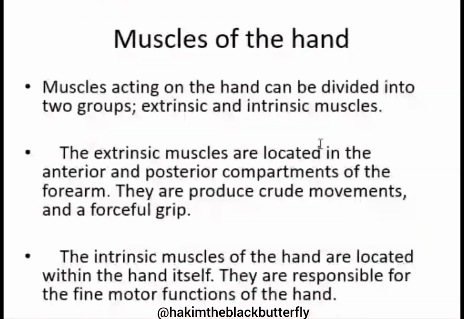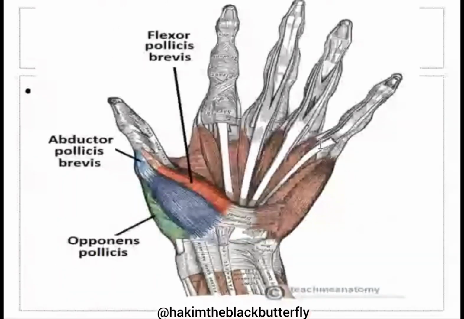Muscles of the hand. The hand has small muscles, as you can see. When you stretch out your hand, there is a bulge at the base of the thumb. This bulge is made up of muscles, and those are known as muscles of the thenar eminence.